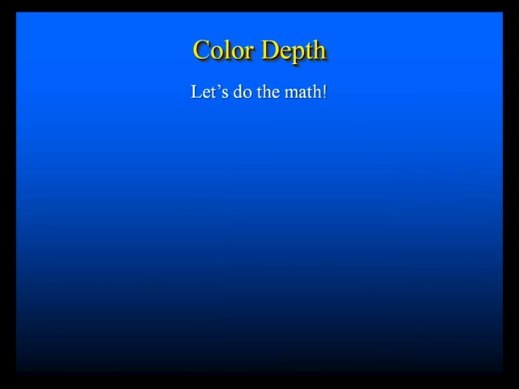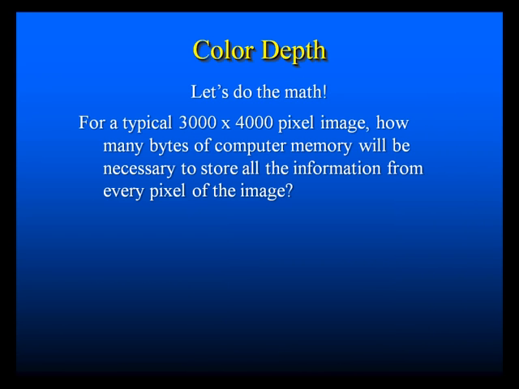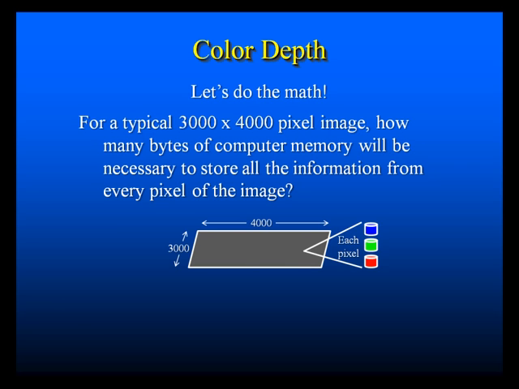So let's do the math here. If you had a 12 megapixel image, that would be a fairly standard camera sensor size in 2011. How many bytes of computer memory will be necessary to store all the information from every pixel of that image? Here we're tying together our knowledge of bits and bytes to our knowledge of pixels and megapixels.